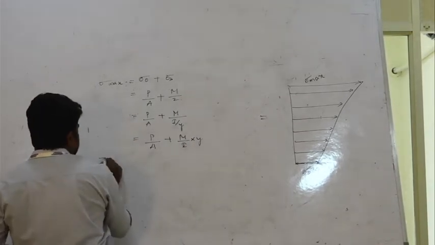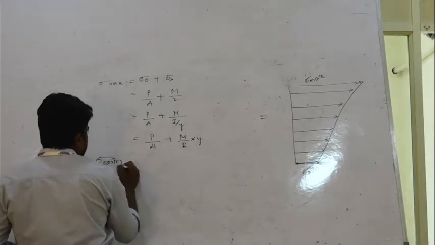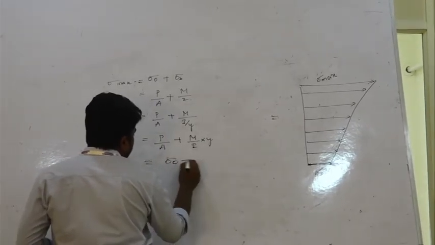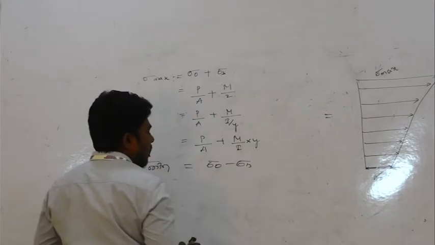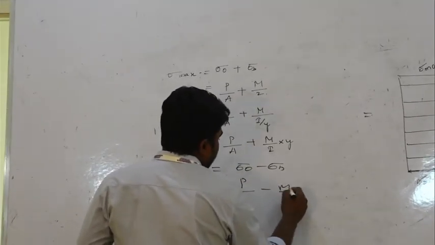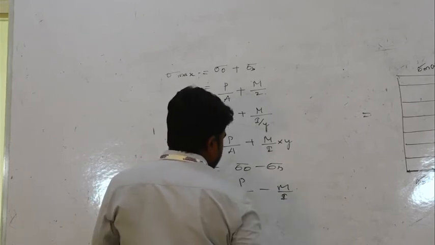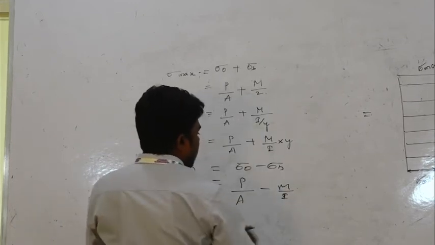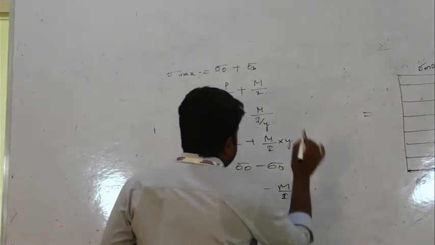Sigma minimum is the same as sigma naught minus sigma b, finally P by A minus M by I into y.